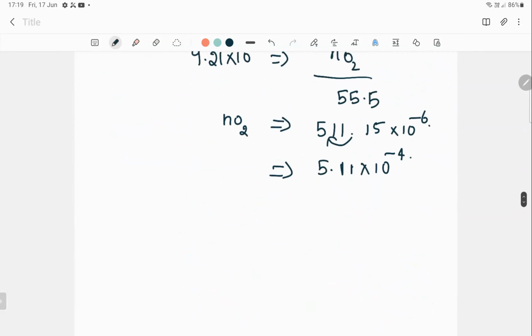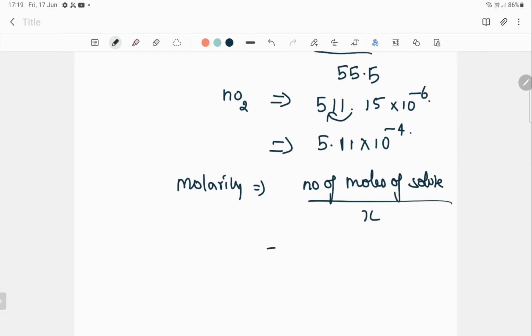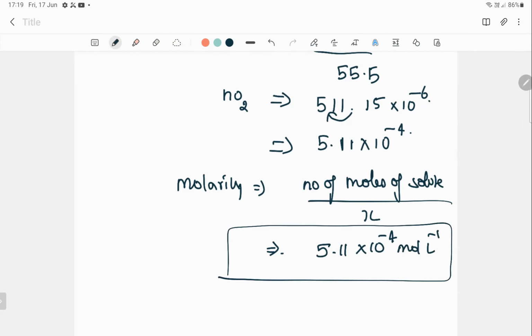Molarity is nothing but the number of moles of solute in 1 liter of solution. So the answer is similar, divided by 1 liter, so moles per liter. Clear?